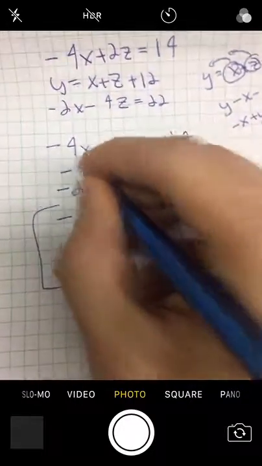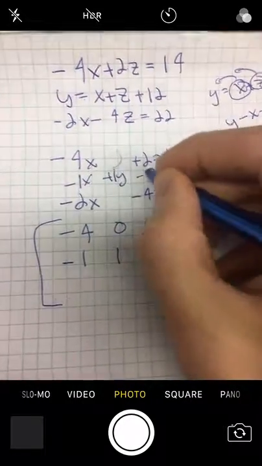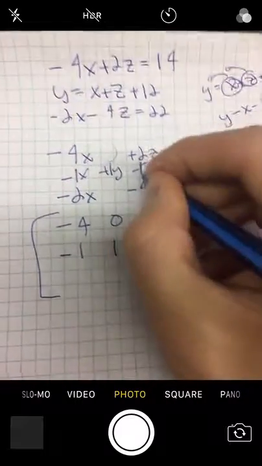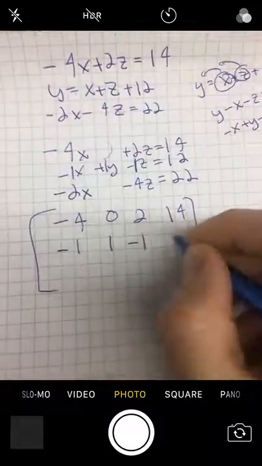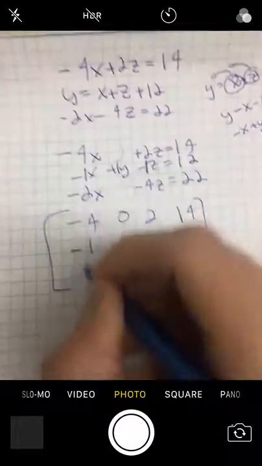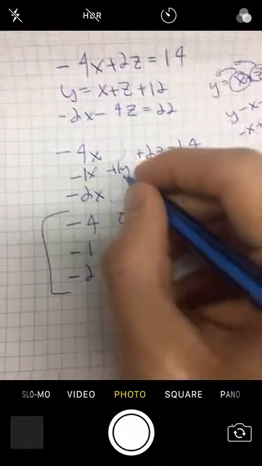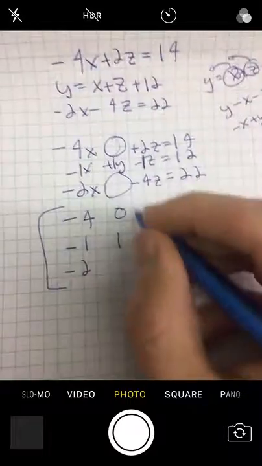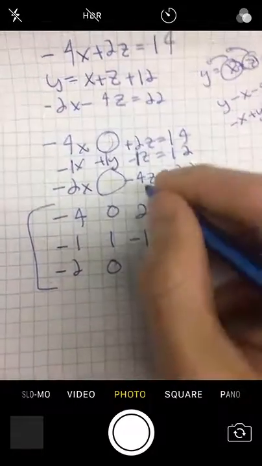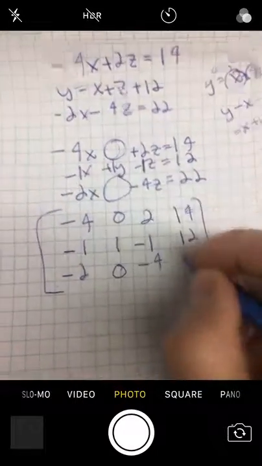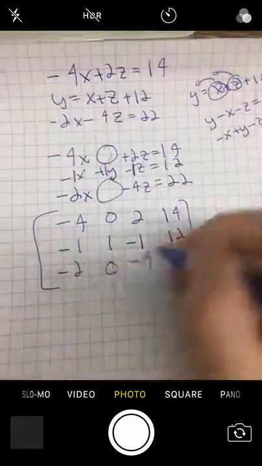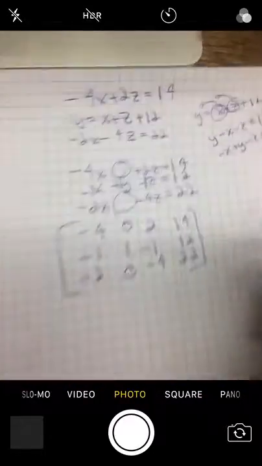Again, you're pulling out the number that's in front of these, and if you don't see a number in front, it's a 1. So that's a negative 1 here, 12 there. This is a negative 2. There's no y right there. I'll put those in circles just to make sure I know that there's no y there, so put a 0. And negative 4 for z, 22. This is the matrix that I'll be putting in the calculator.